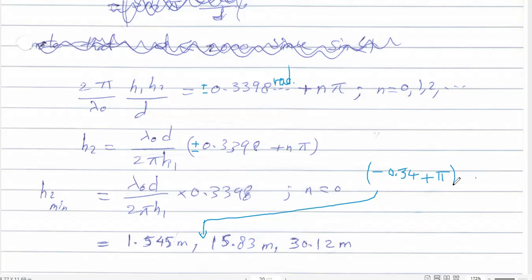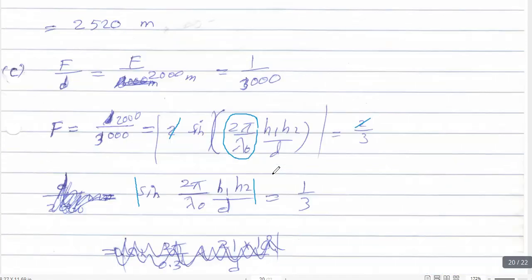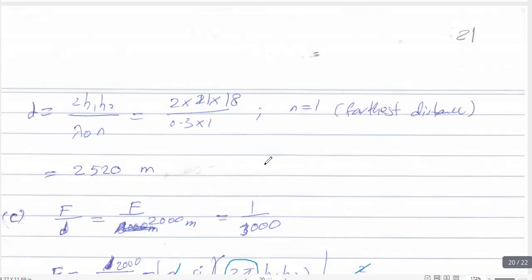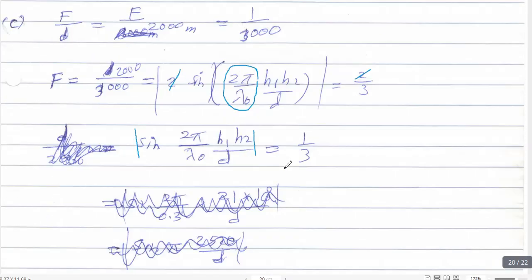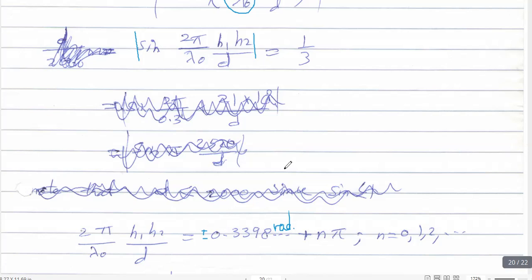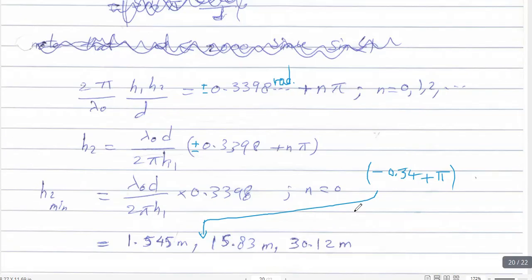All are multiplied by lambda naught, which is 0.3 meters, 30 centimeters, times 0.3 times distance d.